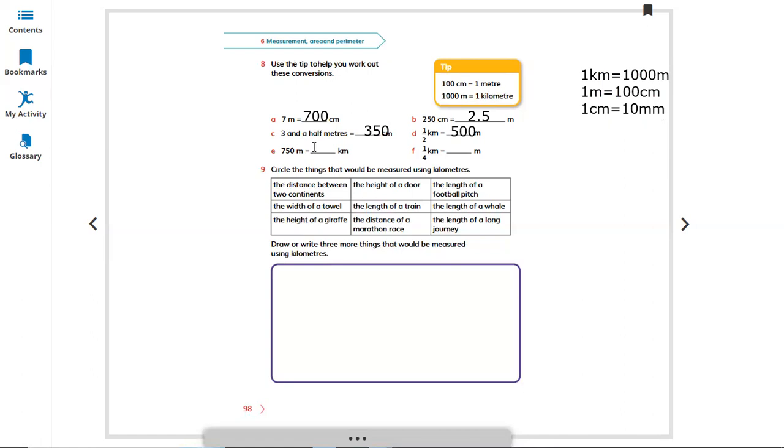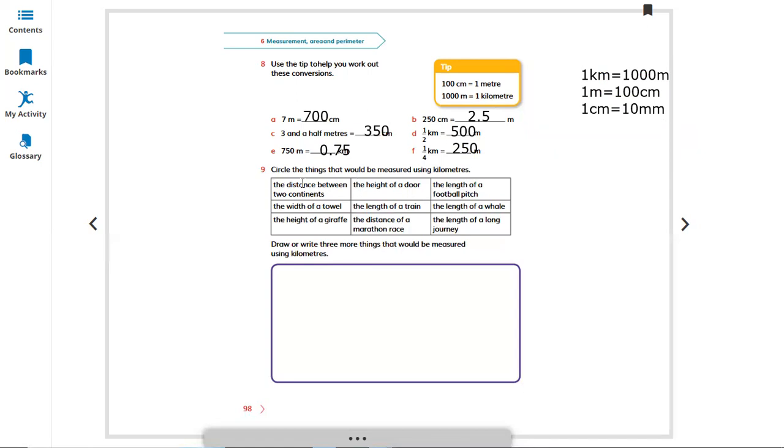Both correct. 3 by 4 kilometer or 0.75 kilometer, both answers correct. Okay, 1/4 kilometer equals half of 500, it's 250 meters.